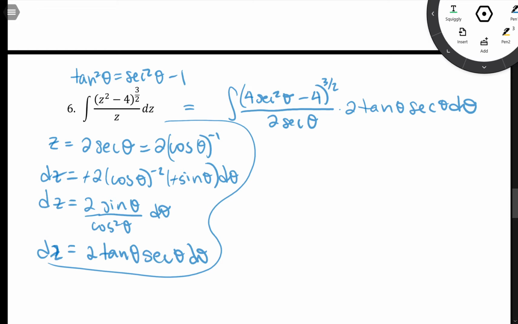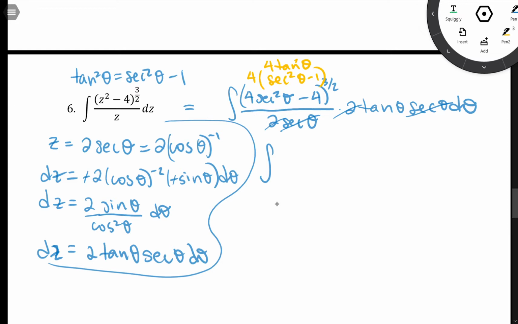And I think I like that I rewrote it because it makes it really easy to see that I can cancel a 2 and a secant. And then in here, if I factor out the 4, secant squared theta minus 1 is left, which means that's a 4 tangent squared theta.